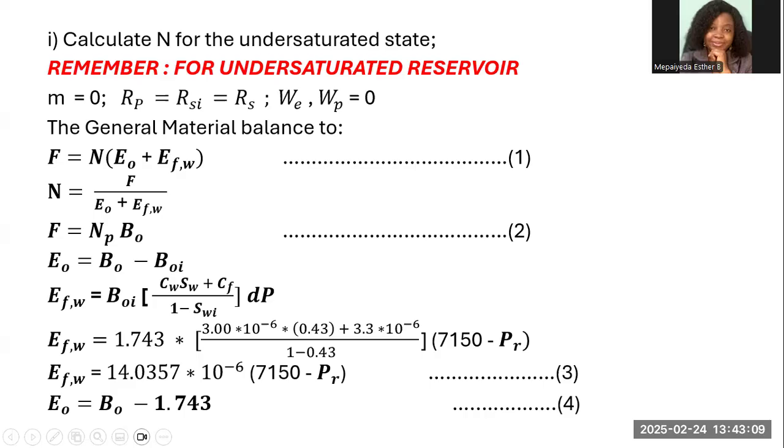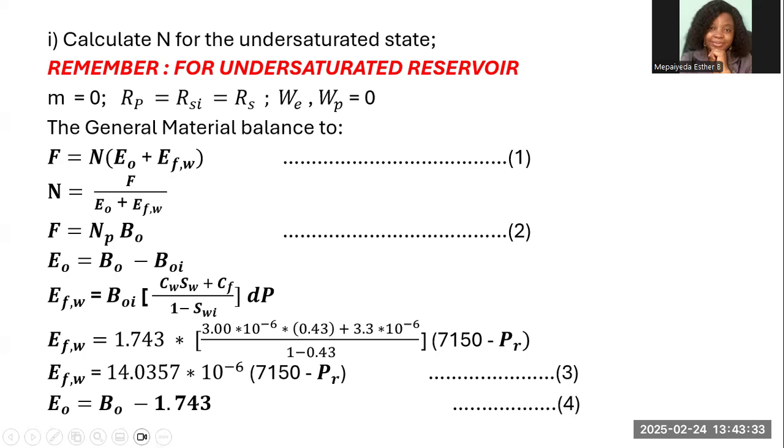So the Schilthuis equations handling the undersaturated state are different from the Havlena and Odeh solution handling the saturated state. You have to understand that. If you don't fully understand it, please go back to part 1 to part 3. The videos are there.